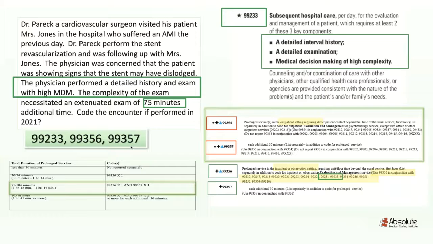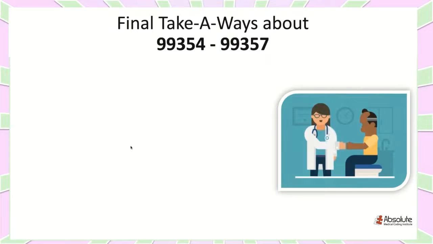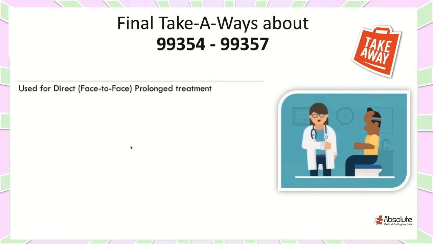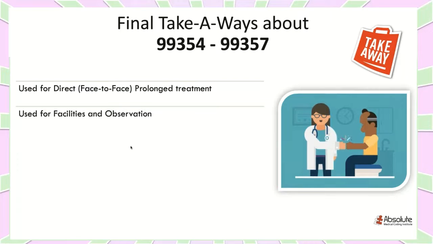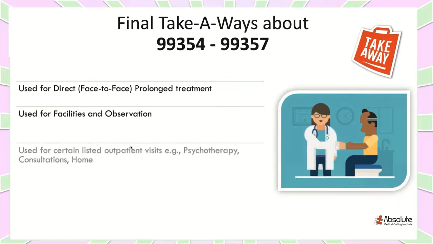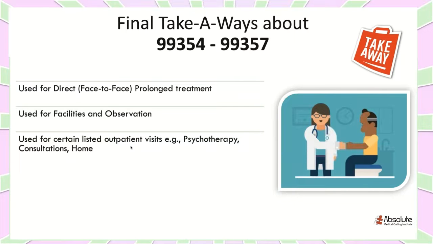All right, let's review the final takeaways about this code series 99354 through 99357. Here they are. These codes are used for direct face-to-face encounters of prolonged treatment. They are used for facilities observation. They're used for certain listed outpatient visits such as psychotherapy, consultations, and home visits.